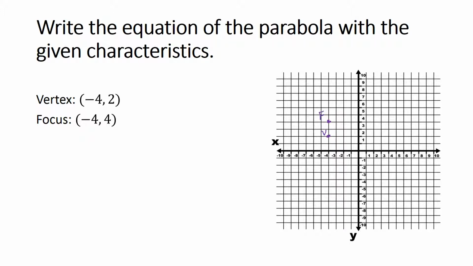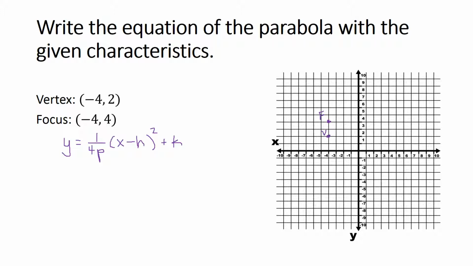I'm going to label that with an F. And what we're trying to do is write the equation of this parabola. Well, the equation of a parabola, y equals 1 over 4p, that's just replacing the value of a, times x minus h squared plus k.